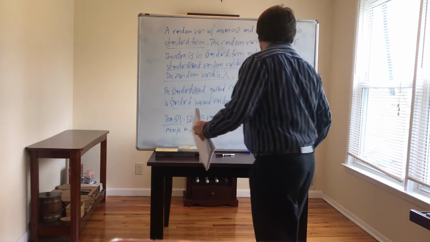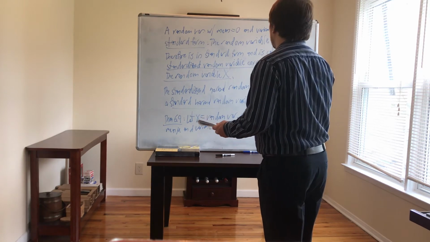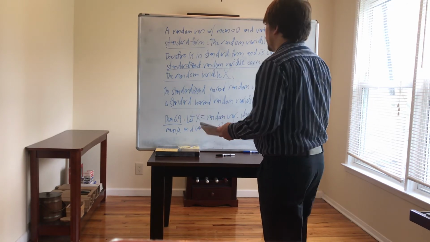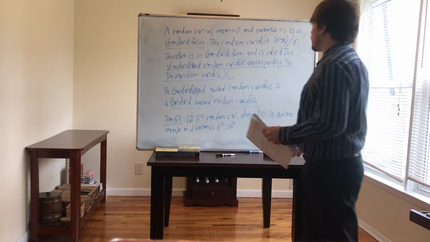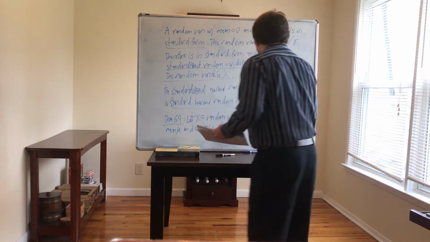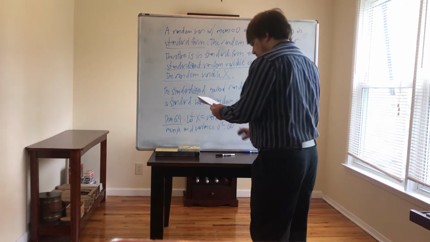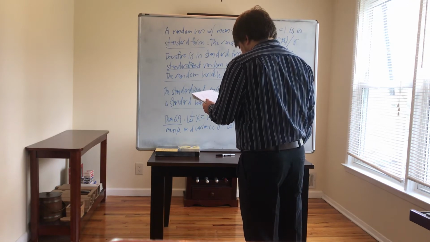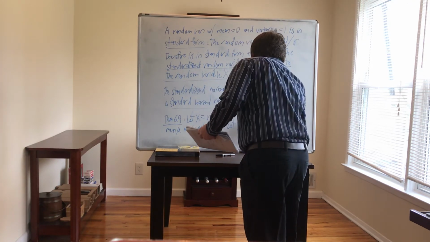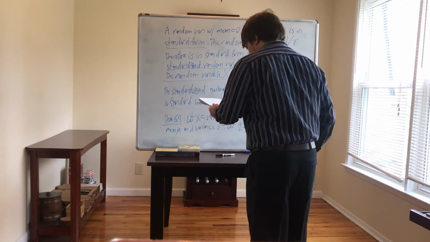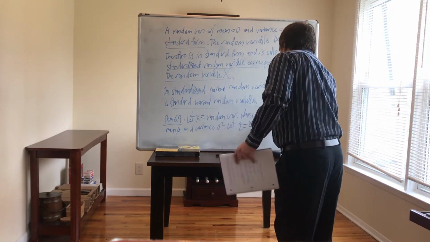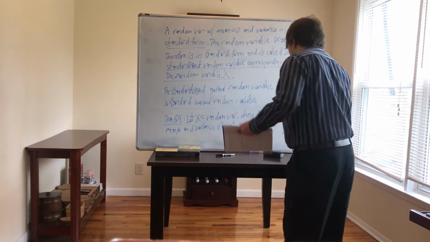Standard form is when the mean is 0 and variance is 1. Okay, so this is a normal distribution. And so then let z equal x minus mu over sigma. Z is standard normal.